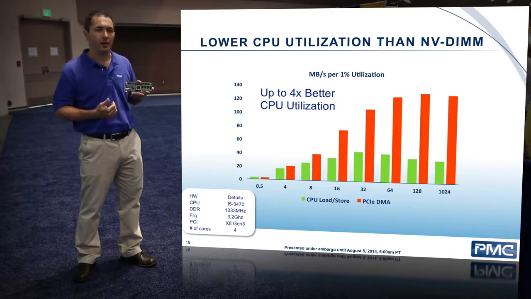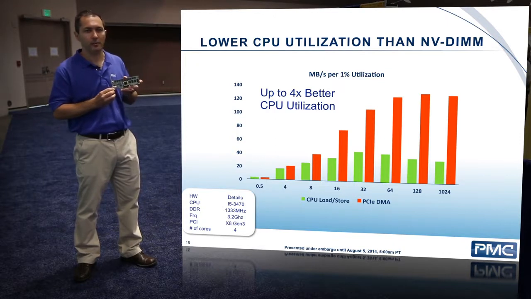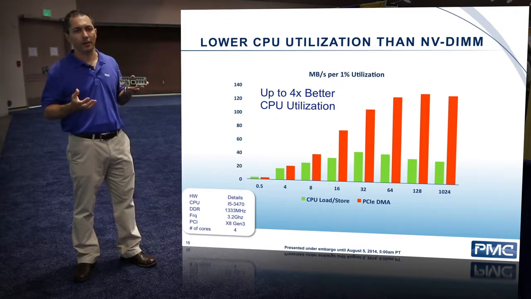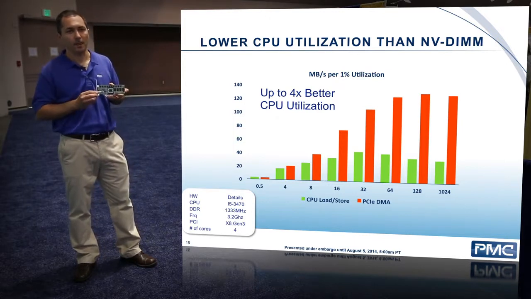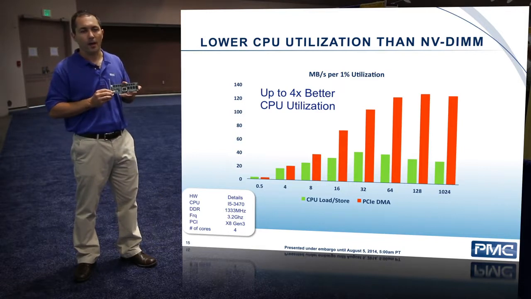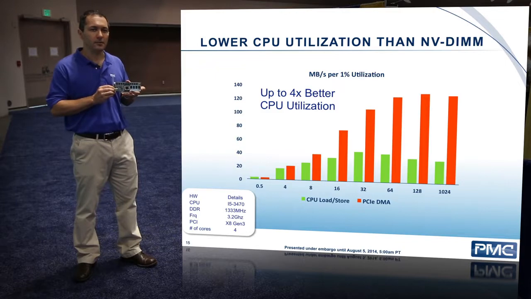So moving the data across from a memory to our NVRAM solution using NVMe, we are 4 times more efficient than using CPU cycles for that. And that's something very important to remember, that if you're just doing memory copy, you're basically using CPU cycles which could have been used for application processing, which is what CPUs were meant to sustain to begin with.